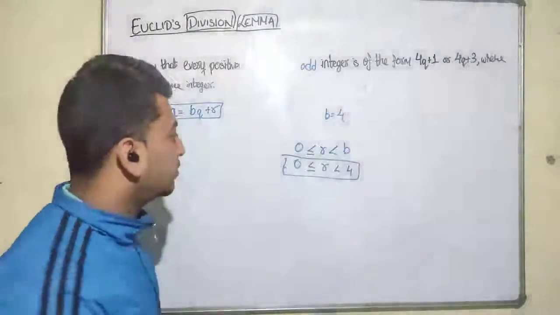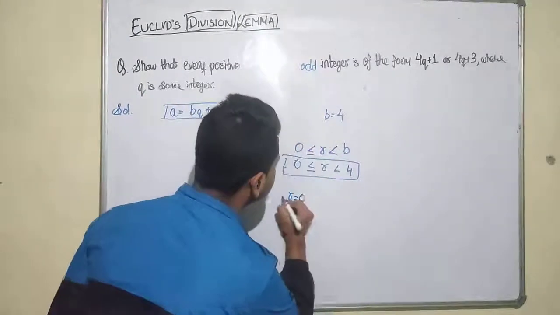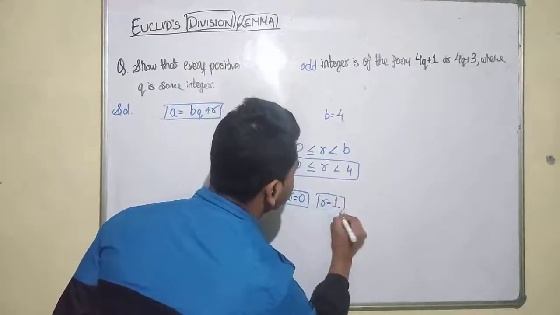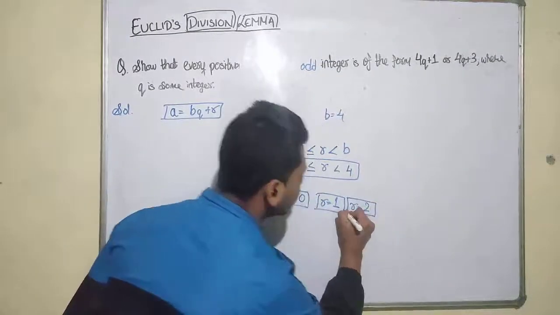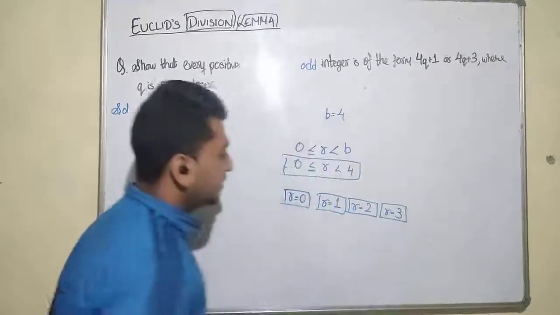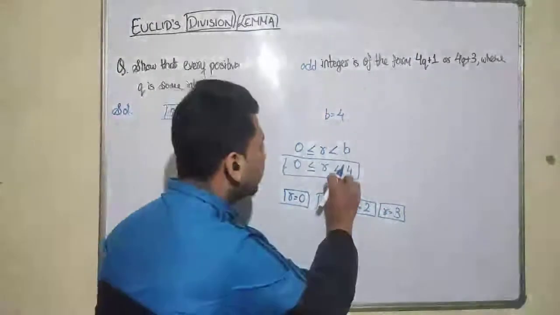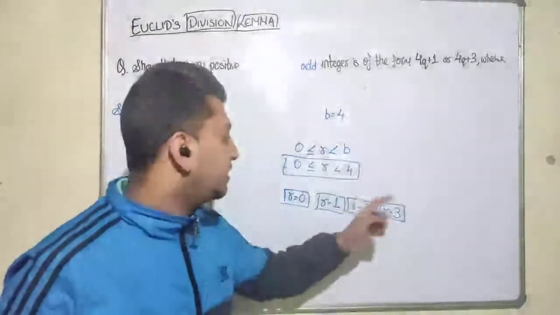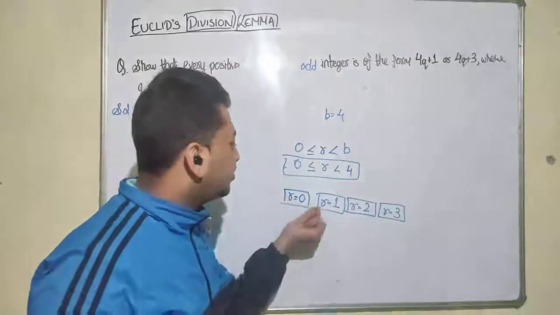So we have 4 possible outcomes. r can be 0, r can be 1 because 1 is smaller than 4, r can be 2, and r can also be 3. These 4 numbers are smaller than 4, but r cannot be 4 because we don't have an equals to sign here. If we had equals to, we could also have r equals to 4, but we don't, so we'll write just 0, 1, 2, 3.